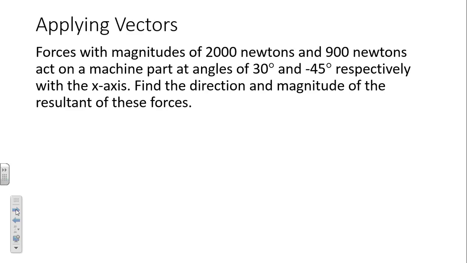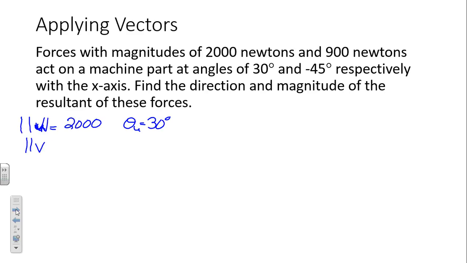It might be easier if we see that u is, and we like to boldface them, it's hard to do when you're drawing. The magnitude of u is 2,000. And the direction of u is 30.